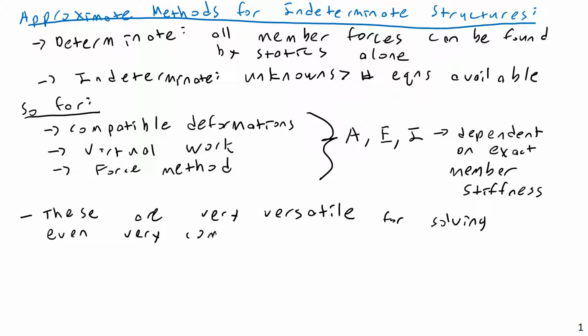But what's the downside of these methods? Very long, exactly. We have seen examples already where finding the displacement on one joint might take you an hour, with multiple levels of integration to solve for the deflection on a single joint. So the downside is they are time consuming, as we have already seen.